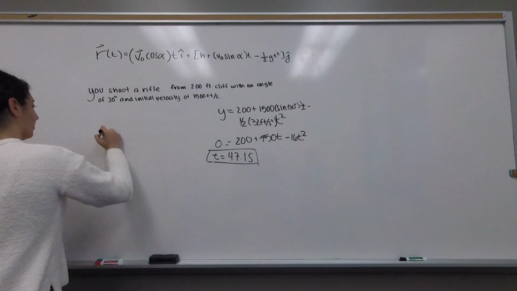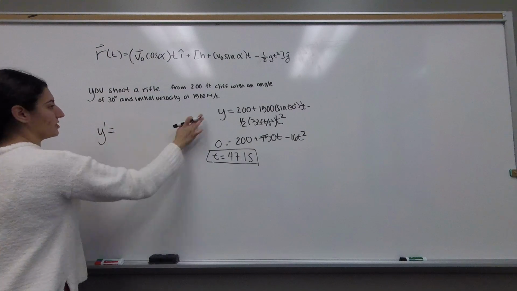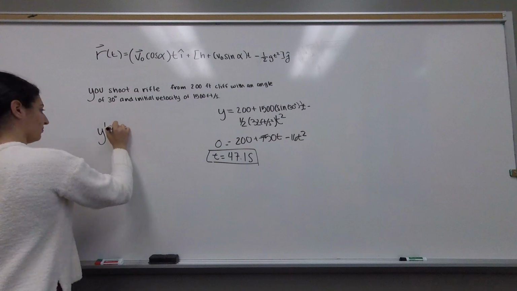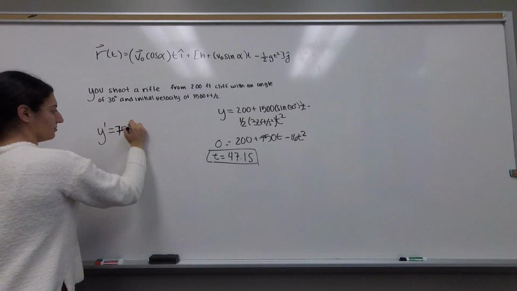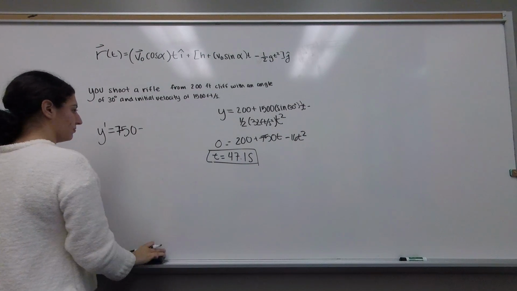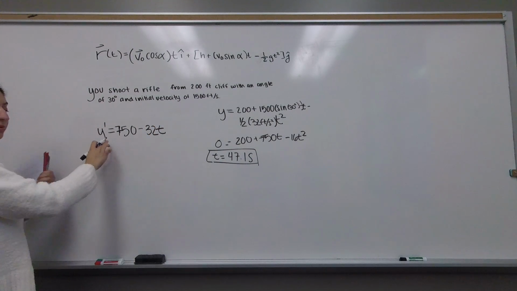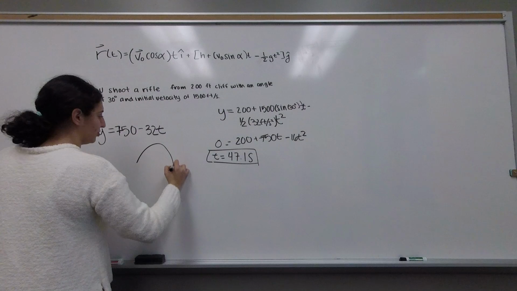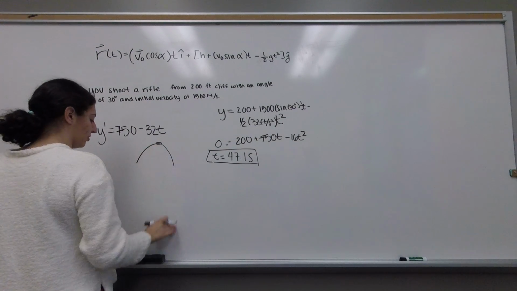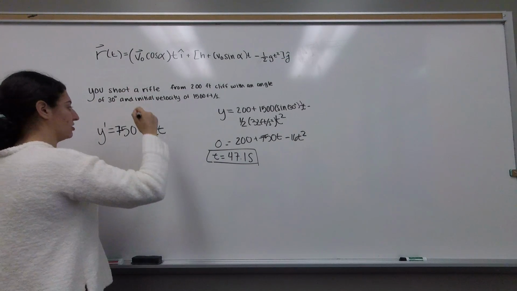And so if we know the first derivative of this function is going to be 750 minus 32t, we can now find when this equals 0, because it's a projectile motion. When it equals 0, it will be at the max height, and velocity will be equal to 0. And that's when we can find when it actually reached the top.